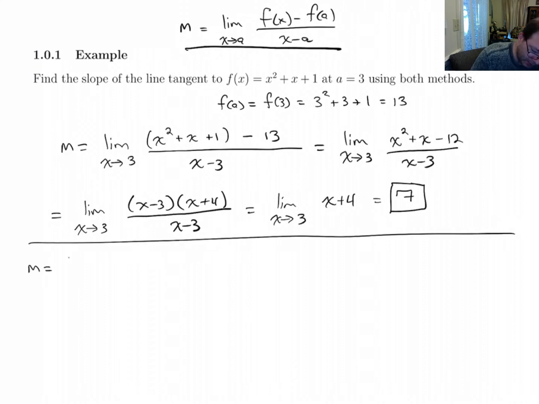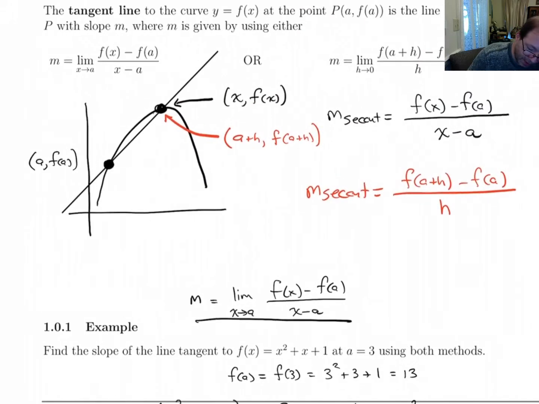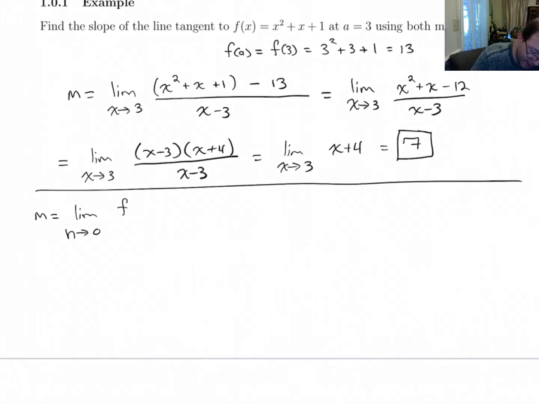M equals the limit as h goes to 0 of f of a plus h minus f of a over h. And now before I do anything else, I'm going to replace both of these a's with 3.